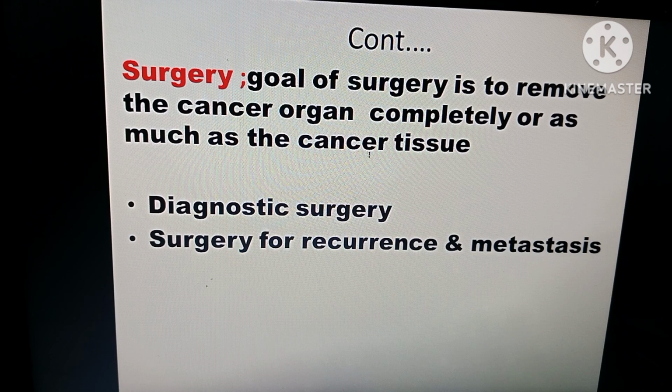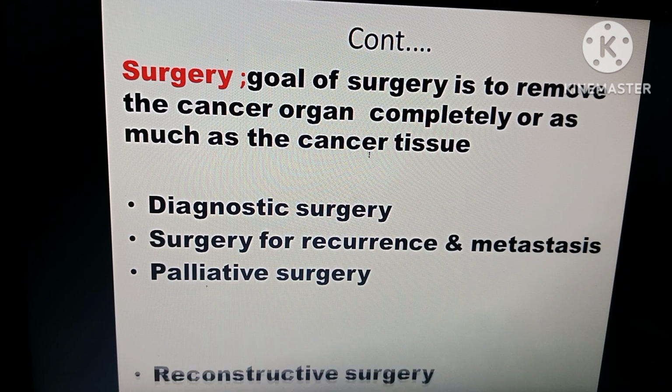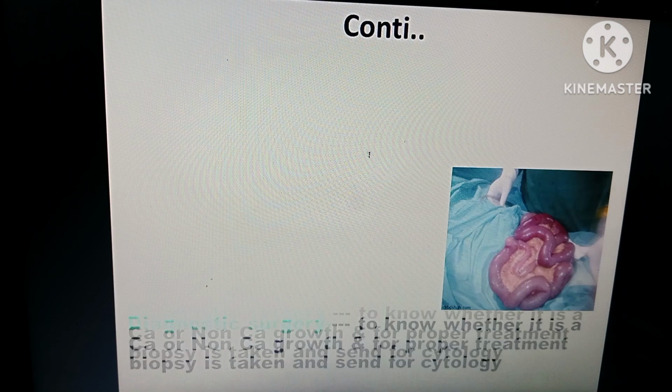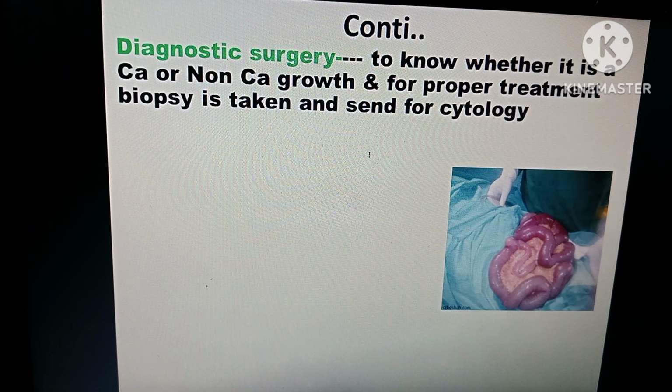Surgery for recurrence and metastasis, palliative surgery, reconstructive surgery, preventive surgery. Now let me have a look at diagnostic surgery. The client comes to the hospital and says he has had abdominal pain for a long time and a scan has been taken. It shows some growth inside. To know whether that growth is cancerous or non-cancerous, surgery is required.